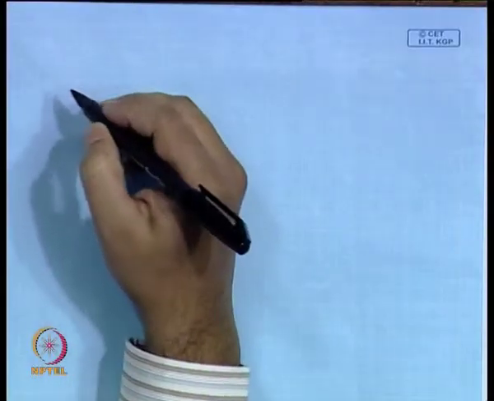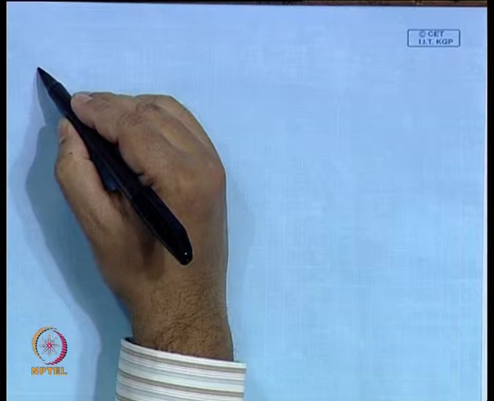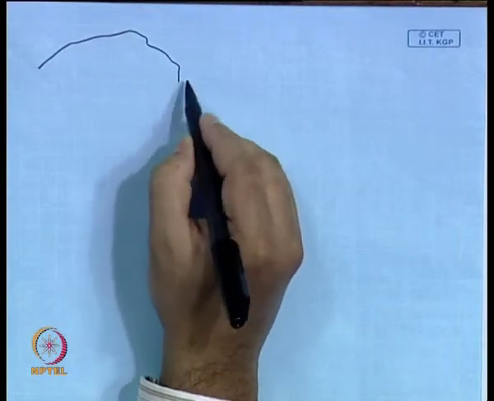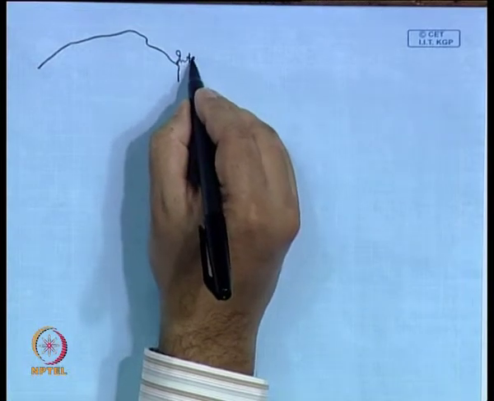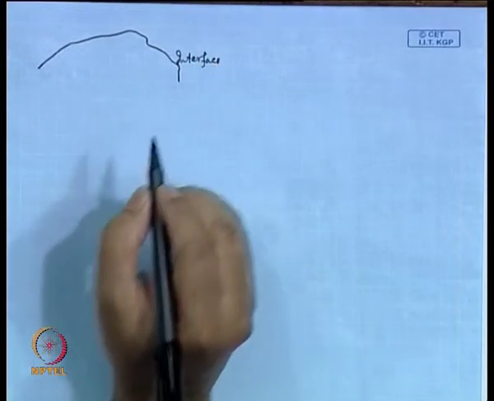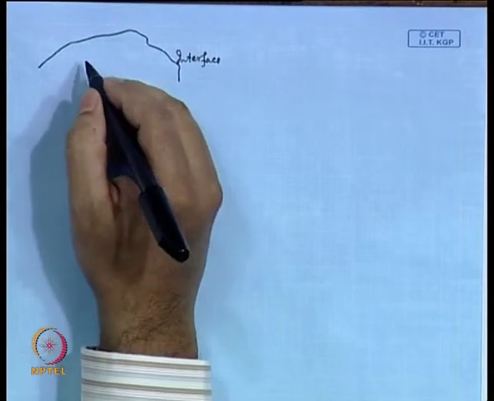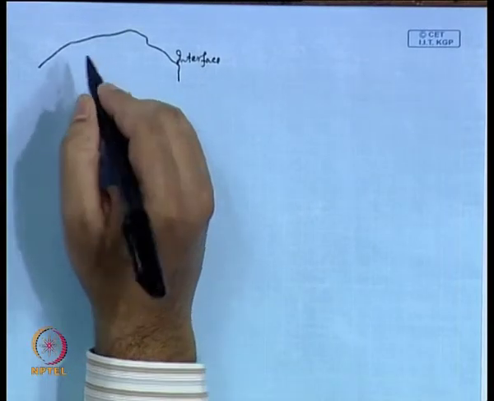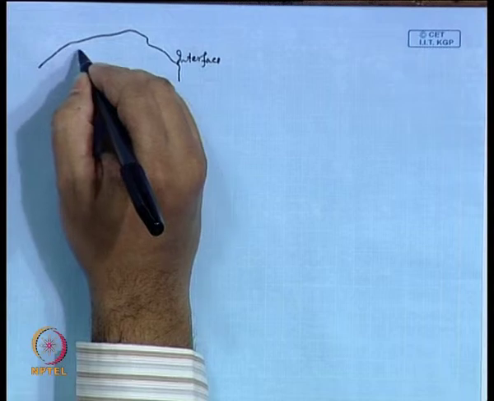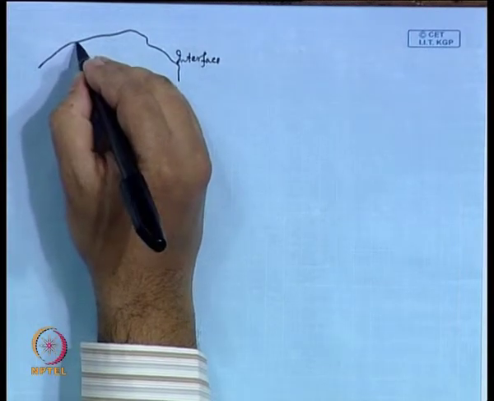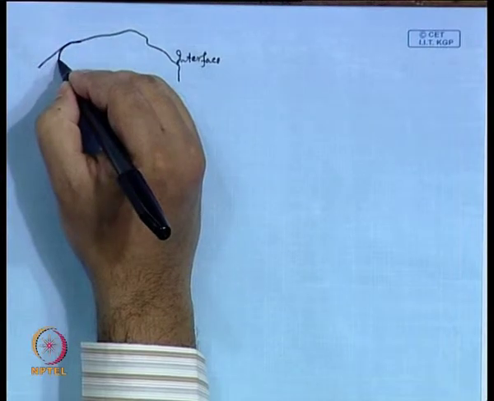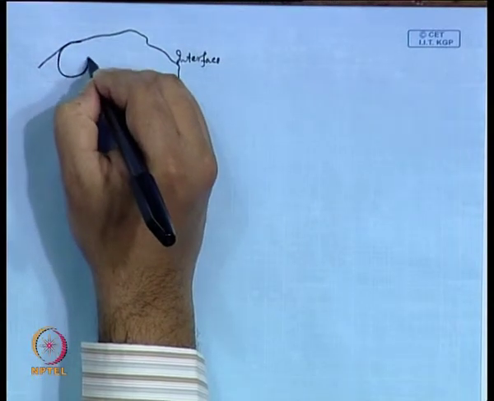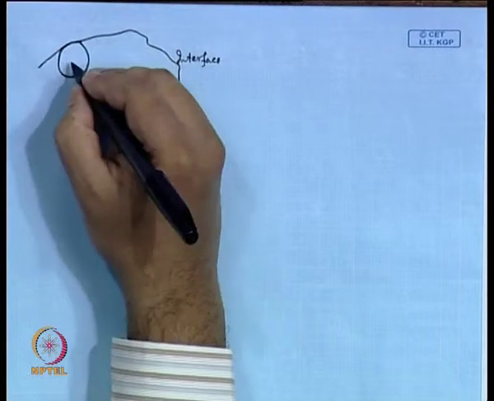You can have a curvature which will run like this, or you may have an interface which will be something like this. This may be the interface. Okay. So, you have to make note that you can have something called a curvature.